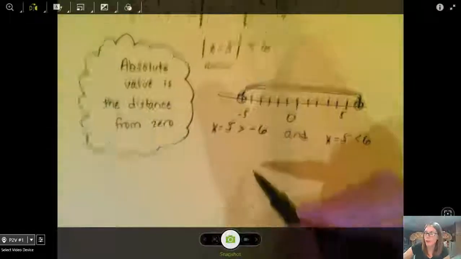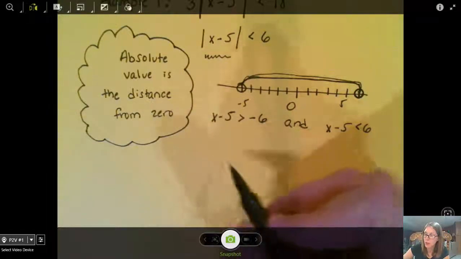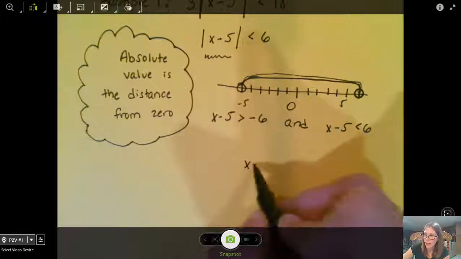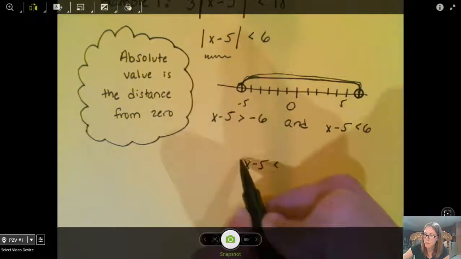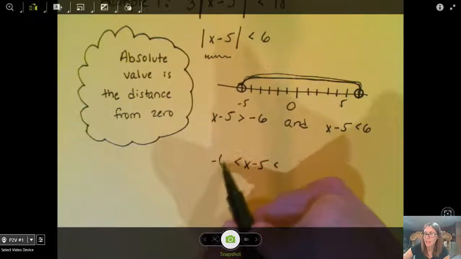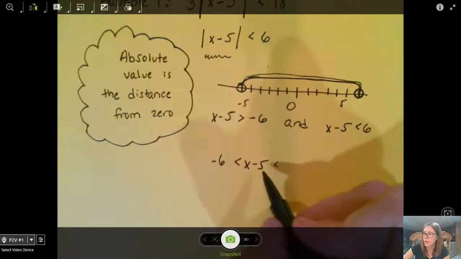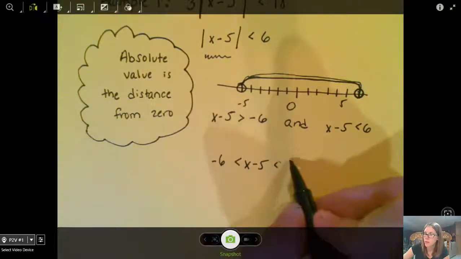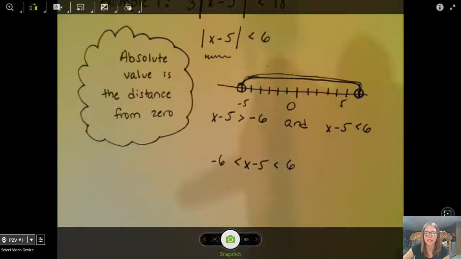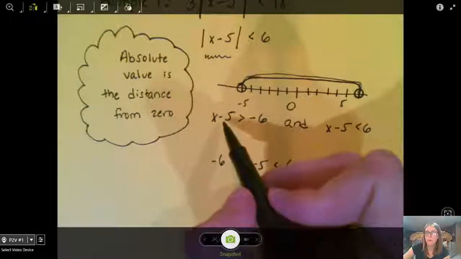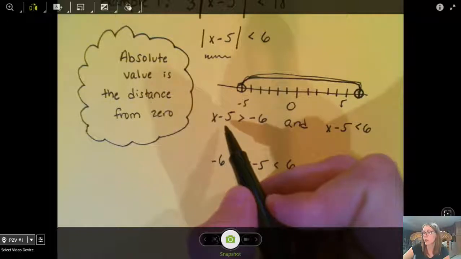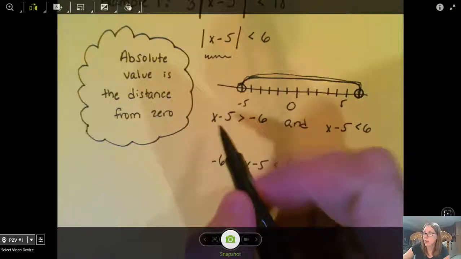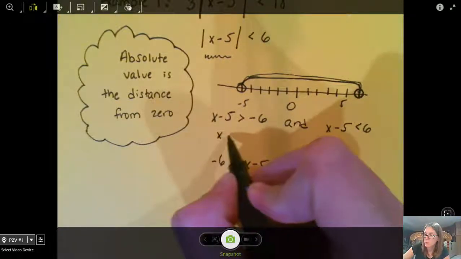You also could have written this as a single compound inequality, where you had negative 6 is less than x minus 5, less than positive 6. Either way works. But whatever you used to get x by itself, we add 5 to both sides.